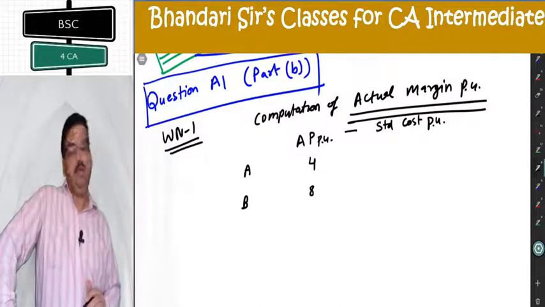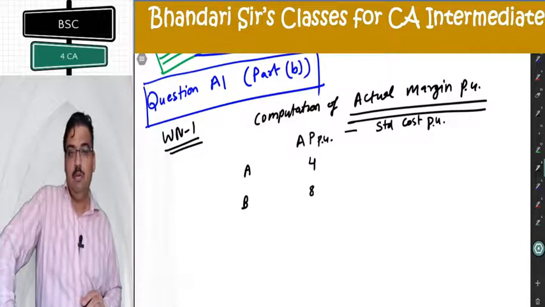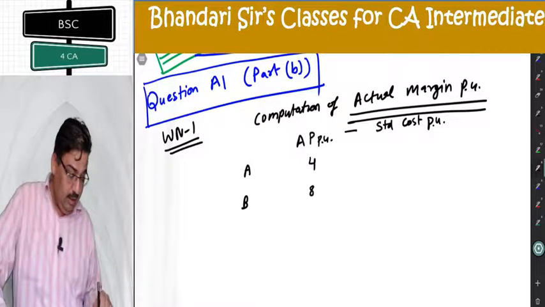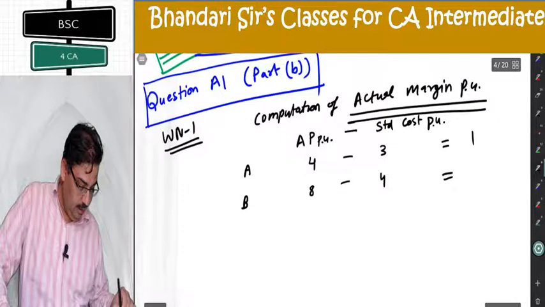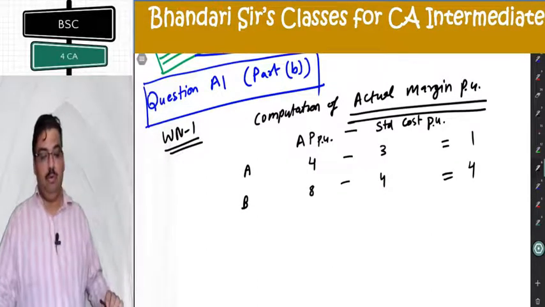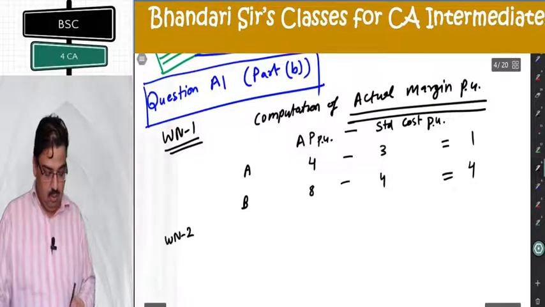In cost variance you can use it. That will come in a later question, we will not be doing it today. So I need only standard cost. Standard cost is 3 and 4. So 1 and 4, that is what I am getting. 4 minus 3, 8 minus 4. Actual cost irrelevant. Working note 2.